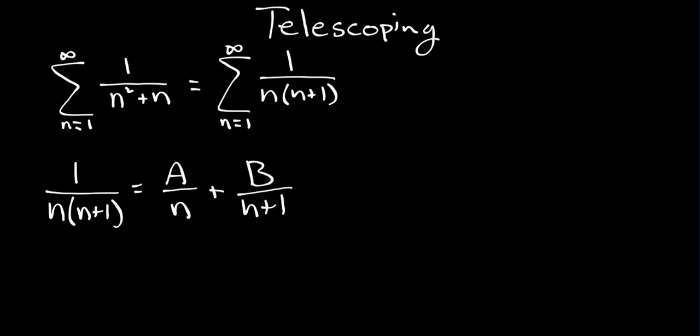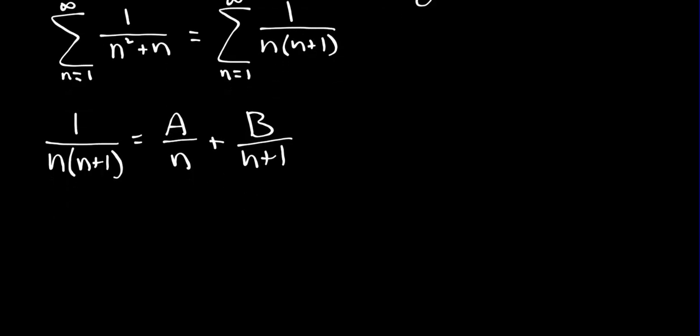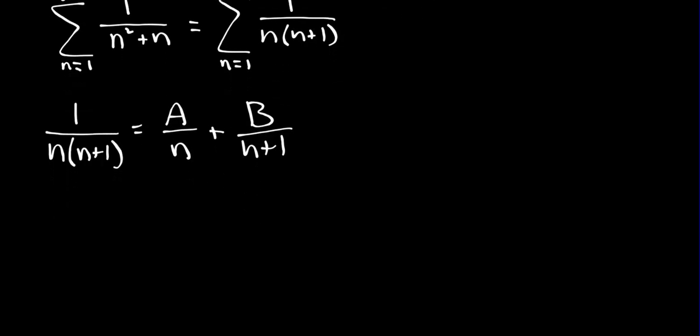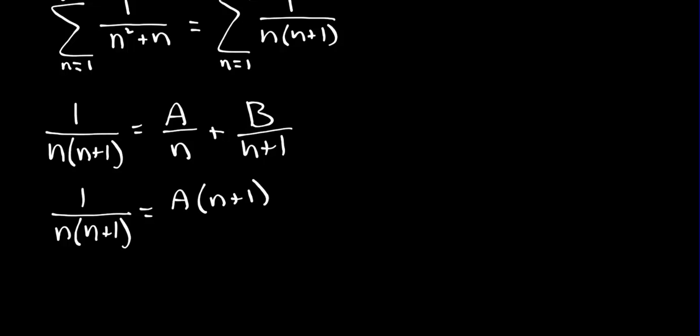So you can harken back to when we were integrating with partial fraction decomposition. So we want to decompose this fraction. Now you remember how to do that. Here we've got, you can see the common denominator here would be n times n plus 1. So what we're going to have is a times n plus 1 over n times n plus 1.